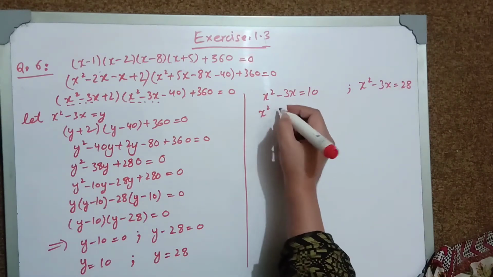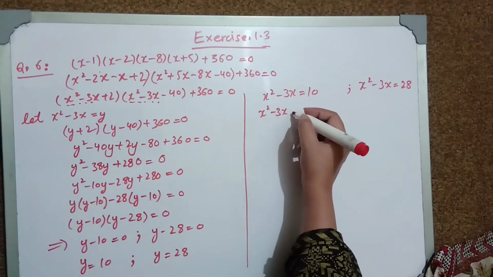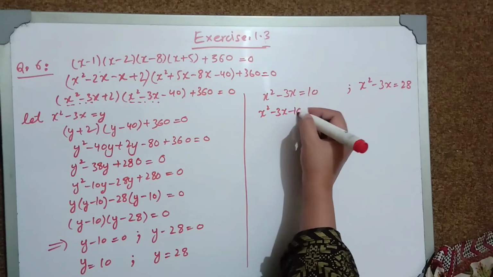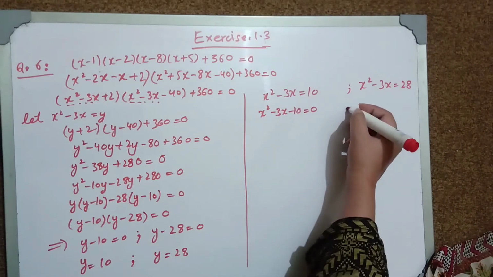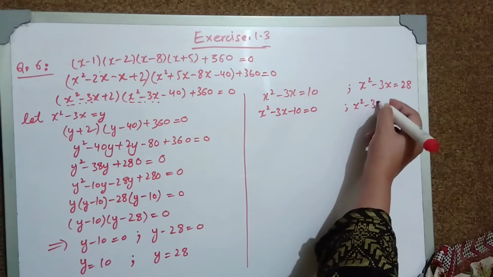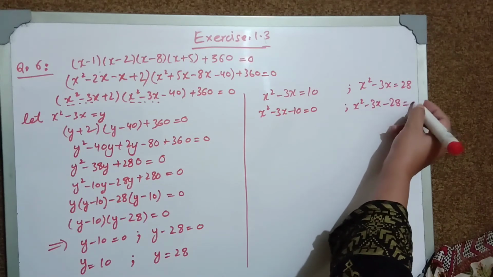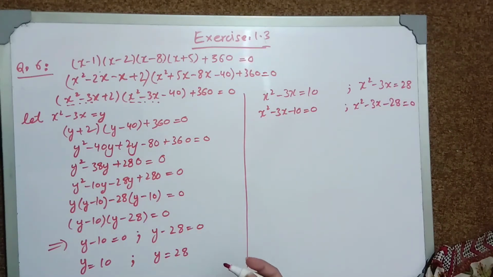From here we will get two quadratic equations again. x square minus 3x minus 10 equals to 0, and here we'll get x square minus 3x minus 28 is equals to 0. We are again going to factorize these two equations.